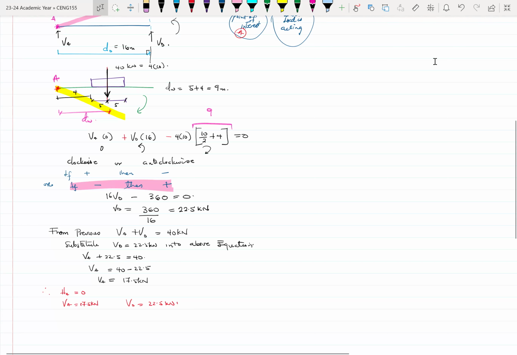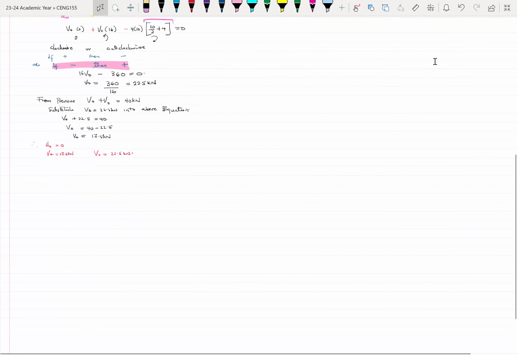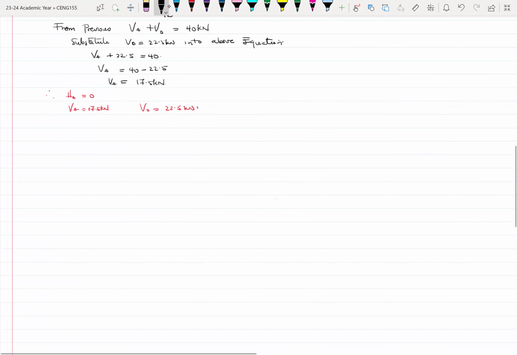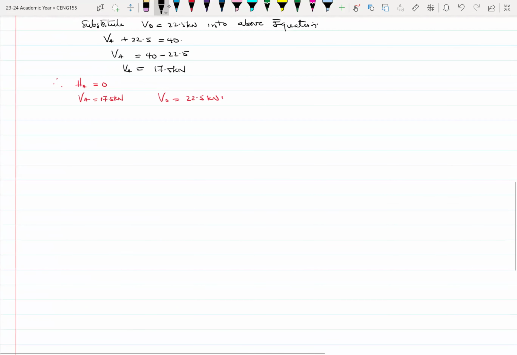Is there any other example I need to solve? Okay, let me just solve one example from your tutorial session. Let's say we have what we call a cantilever.